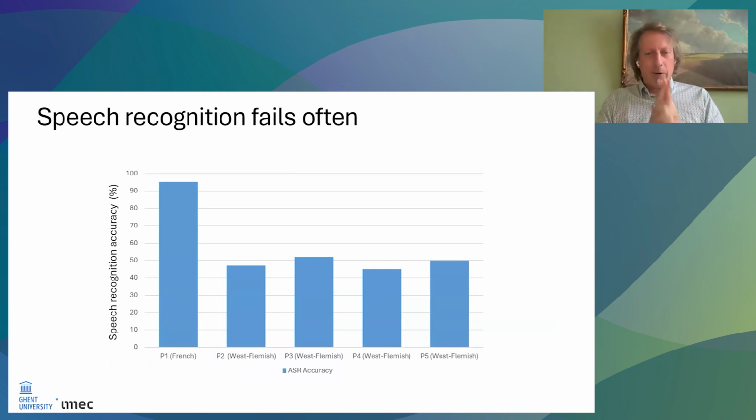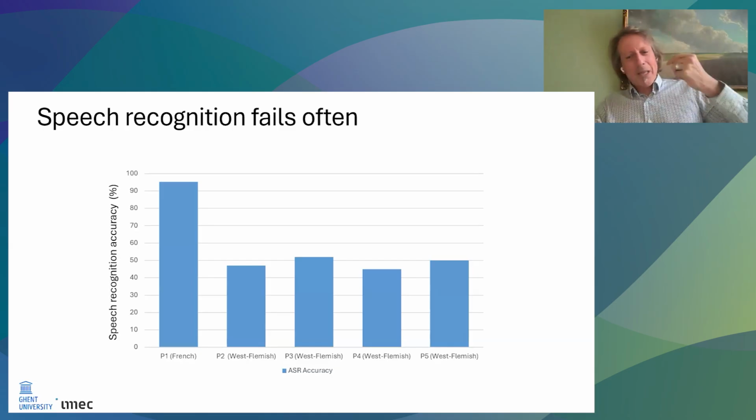For example, one lady in our sample speaks a very clean French, and almost everything is correctly transcribed by the robot. But the other four speak a local dialect, and only about half of what they say is correctly transcribed, meaning you would expect the robot to not do well.